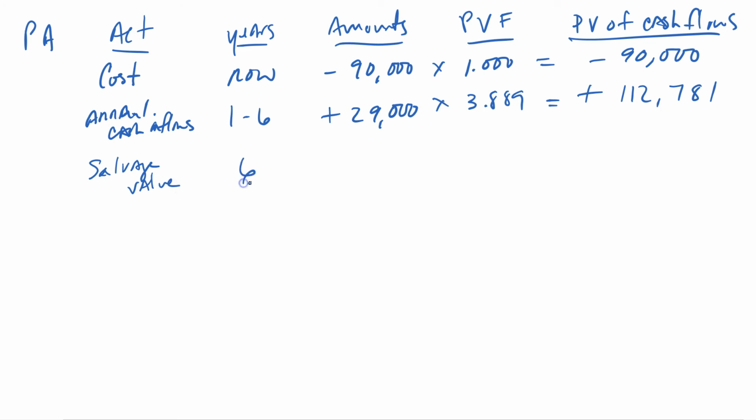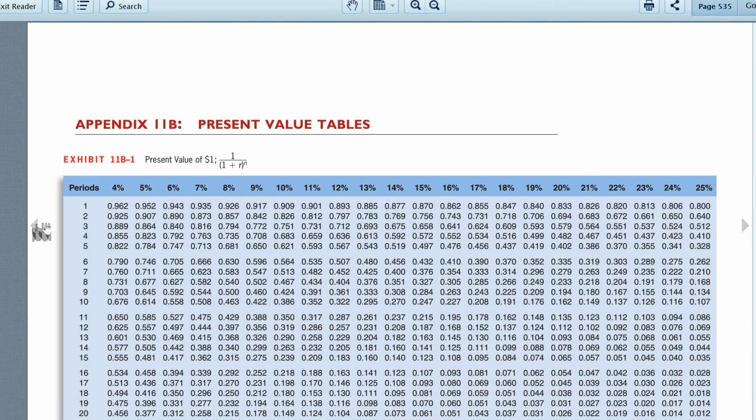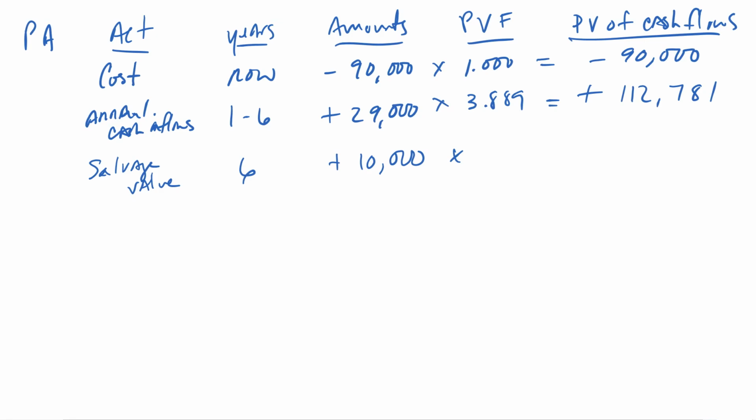The final one for project A is the salvage value. When does that happen? It happens in year 6. The amount is an inflow of $10,000. We sell the equipment, we get $10,000. We need to figure out what that is in present value. In this case, this is a one-time amount, so we're not getting $10,000 year after year. We're getting $10,000 one time in year 6. So present value of $1 or a single sum, 14%, 6 years is 0.456.